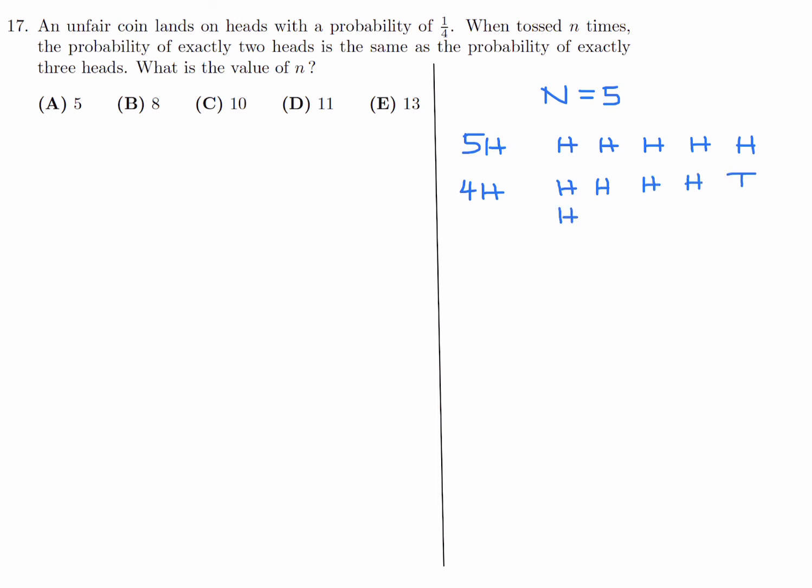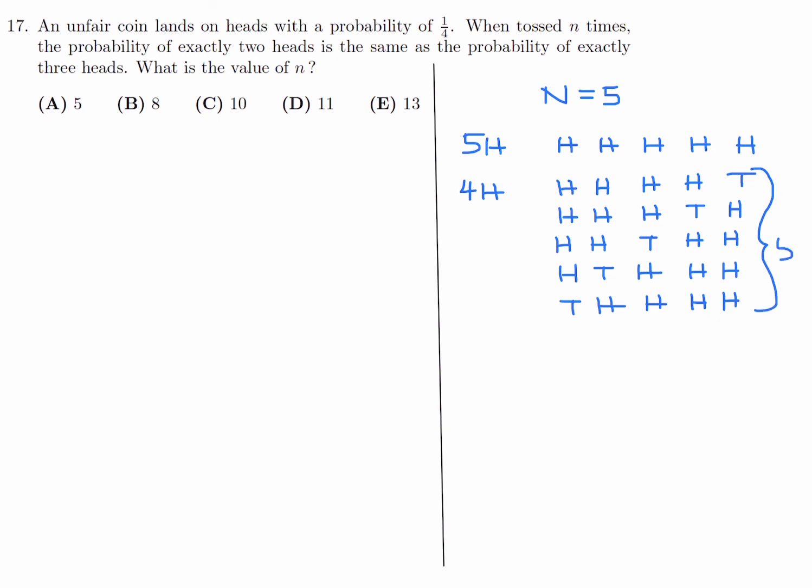But this is written in several ways, not just in one way. As you can see, the tail can happen either the last one or the 4th one or the 2nd one and so on. So when you write it out like this, you will clearly see that there's 5 different ways of having 4 heads and 1 tail.